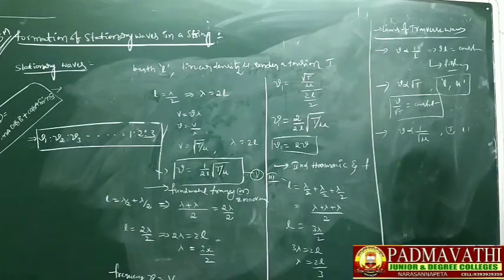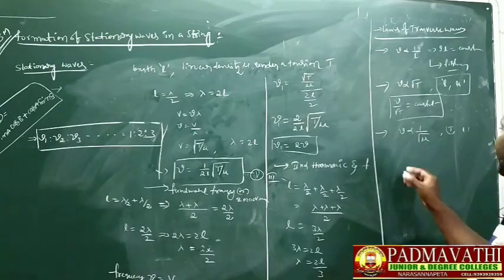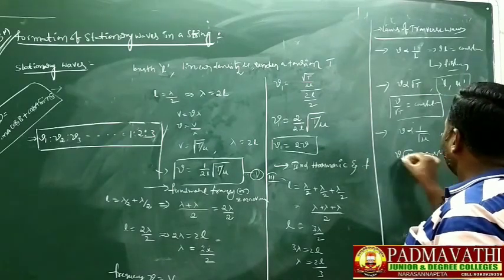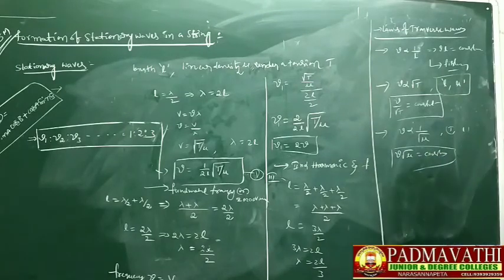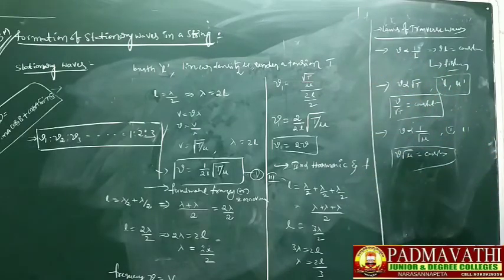When the length and tension of the stretched string are kept constant, the frequency of the stretched string is always inversely proportional to the square root of the linear density. That is nu is proportional to 1 by root mu, so nu into root mu is equal to constant. So this is the third law of transverse waves in a stretched string. Okay. This is totally one of the 8-mark questions.